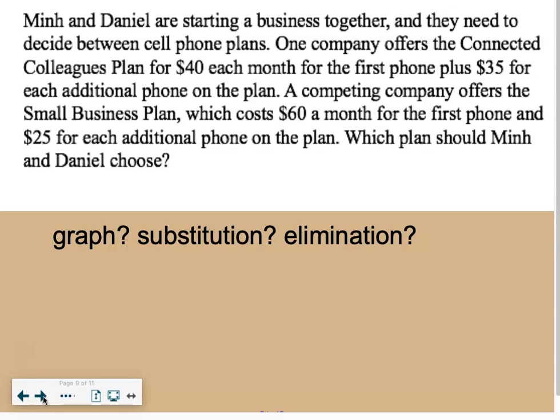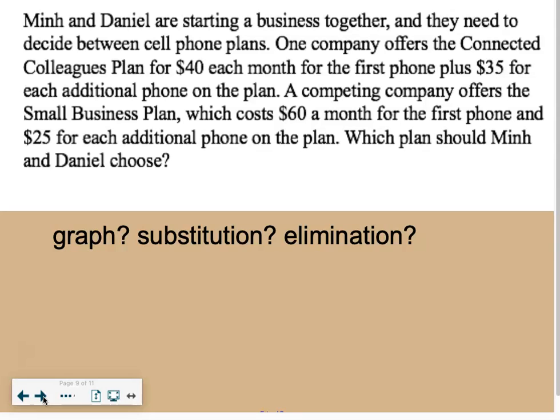So it was just $40 a month plus just a flat $35. And then this was $60 a month plus a flat $25. So either way, though, you still want the first plan, right? Even though this one you have to add an extra $10, it's $10 higher for the extra phone, it's so much less per month. You're going to pay way less, right?